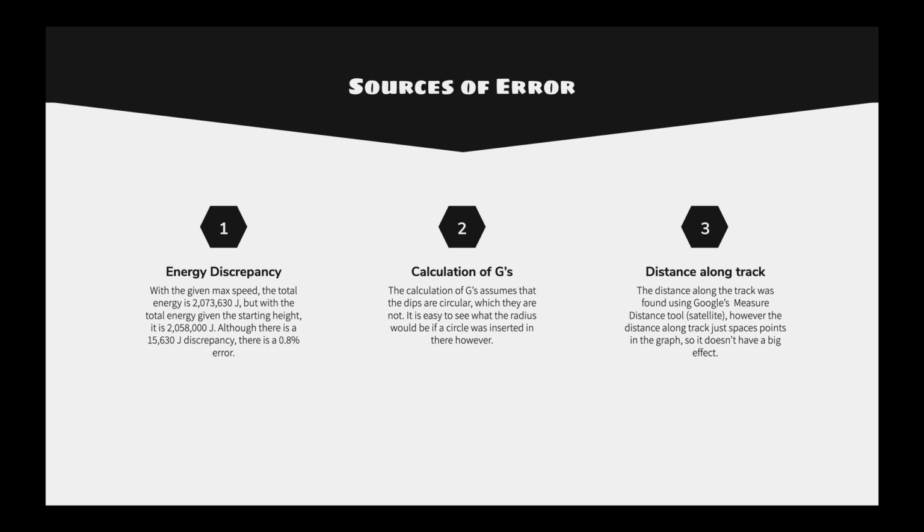And then finally, for sources of error, the first source of error was a small discrepancy in the energy, because using the actual maximum speed, the total energy we got was about 2.07 million joules, but then using the starting height, which was about 70 meters, the total energy was only about 2.05 million joules.